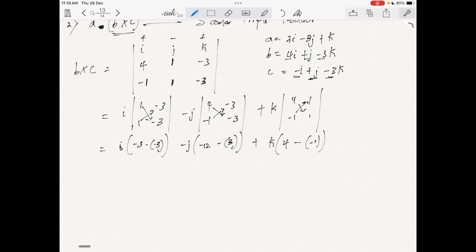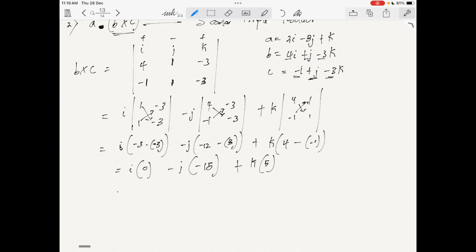So that will give us i into minus 3 minus minus 3 to give us 0, minus j into minus 12 minus 3, and that will give us minus 15, plus k into 4 minus minus 1, and that will give us 5.